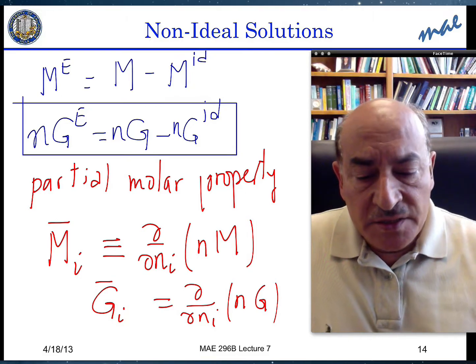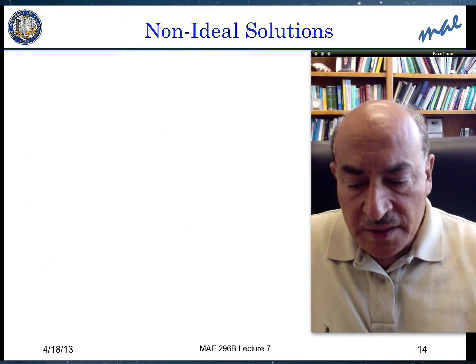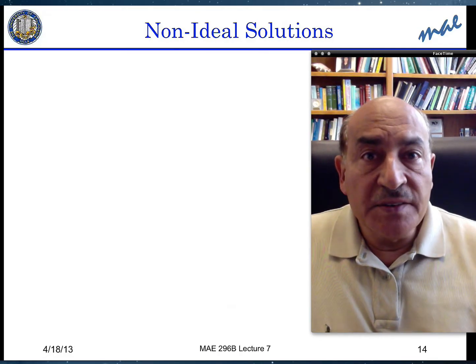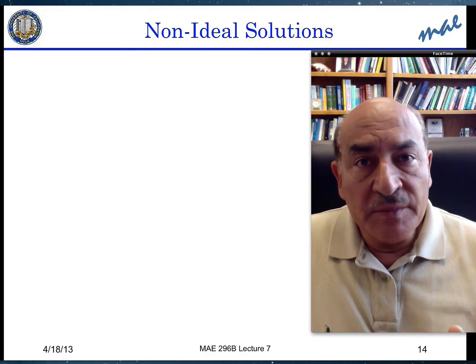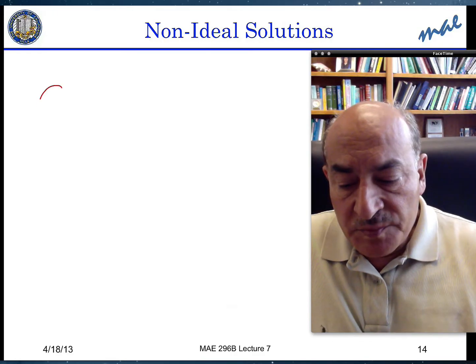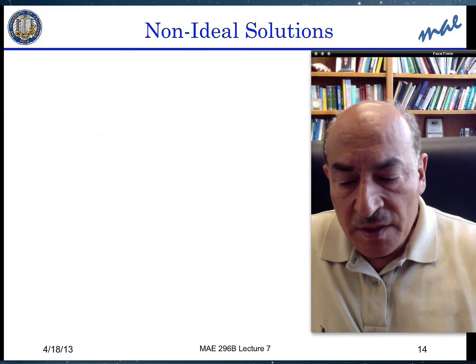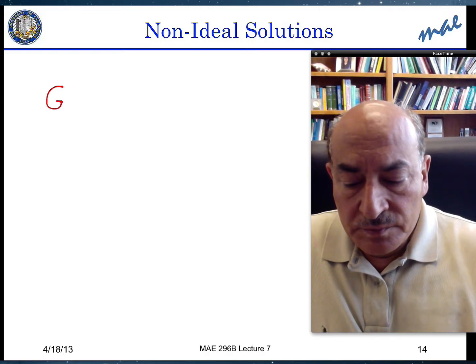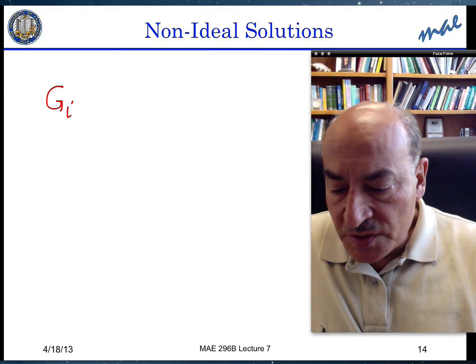Now let's clear the page and discuss the specific partial molar Gibbs energy for an element I in solution. So this will be Gi excess in solution.